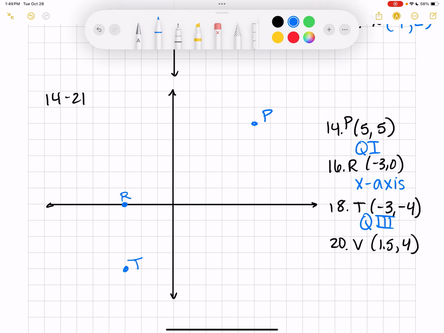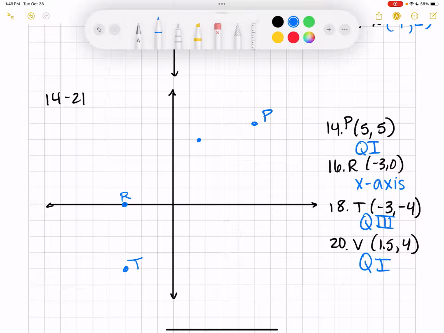All right, somebody else tell me where V is. Somebody different. Quadrant 1. How do I do this one? Move it right 1/2. Yep, not the full way, so I'm going to go halfway between 1 and 2, and then what? 4. And then up 4.